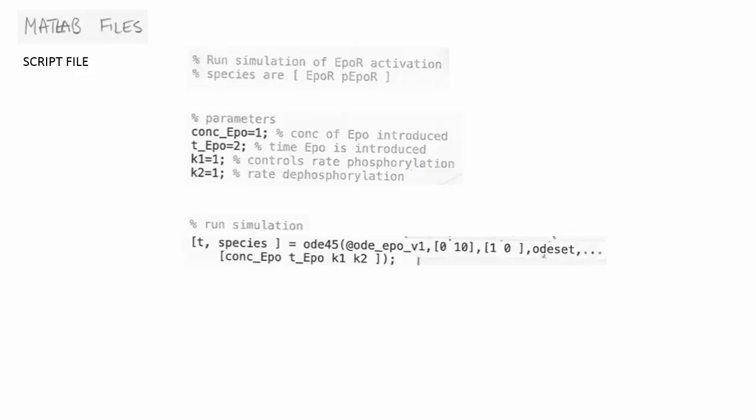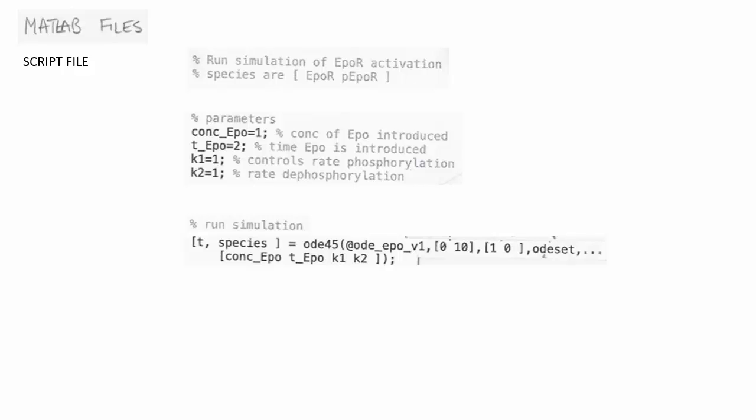So I have a line now which runs a simulation and stores the results in my T species vector. So what I'm passing to the ODE45 is first a function handle, so that's the ampersand, then the function name. Then I pass my time limits, so I'm simulating the system between 0 and 10 time units.